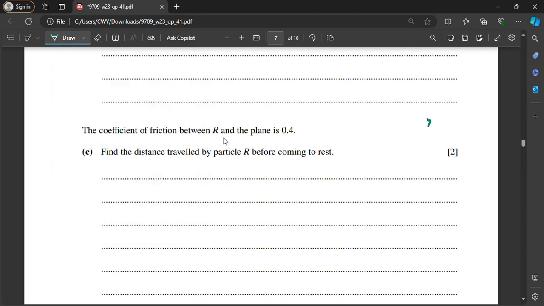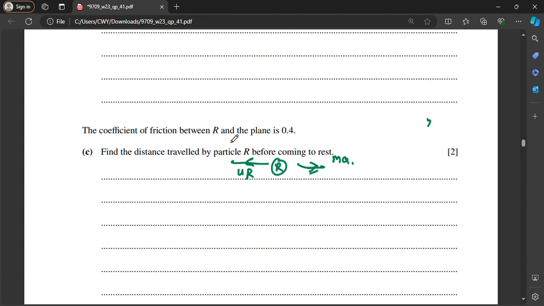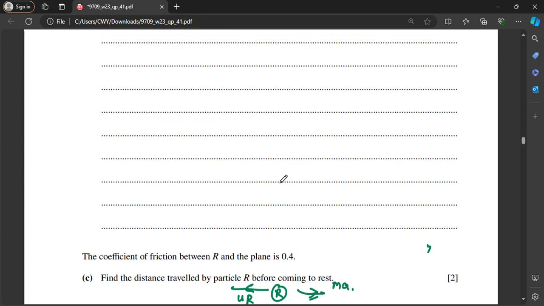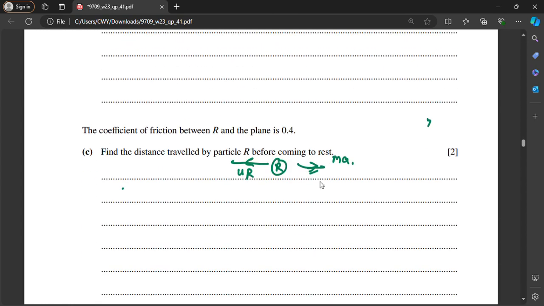Alright, so same thing. You have R, friction, mu R, and then we have ma. They have to be the same, so you can actually do the same thing. Because it says particle R, your mass has to be a total of 8 kg, and then mg.